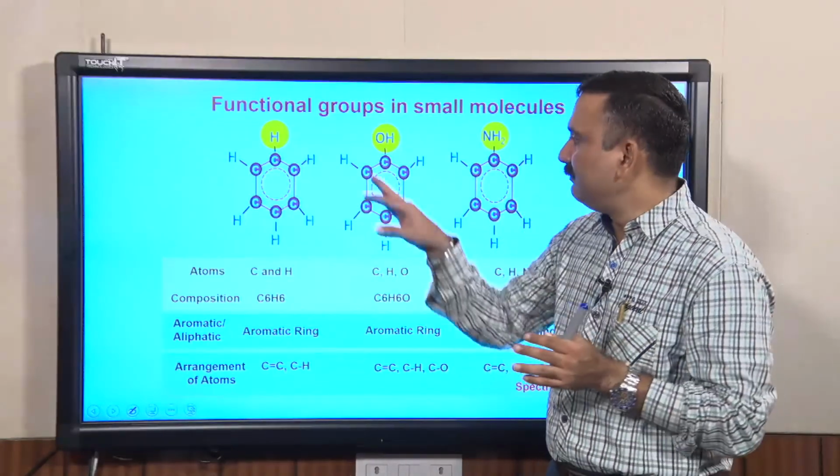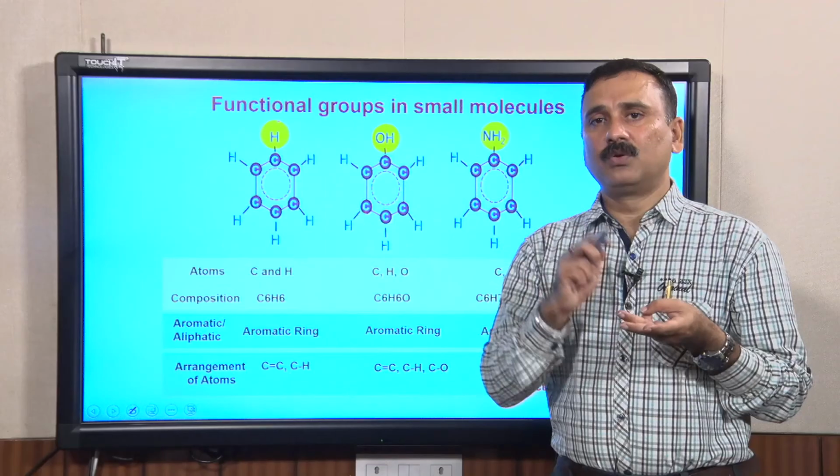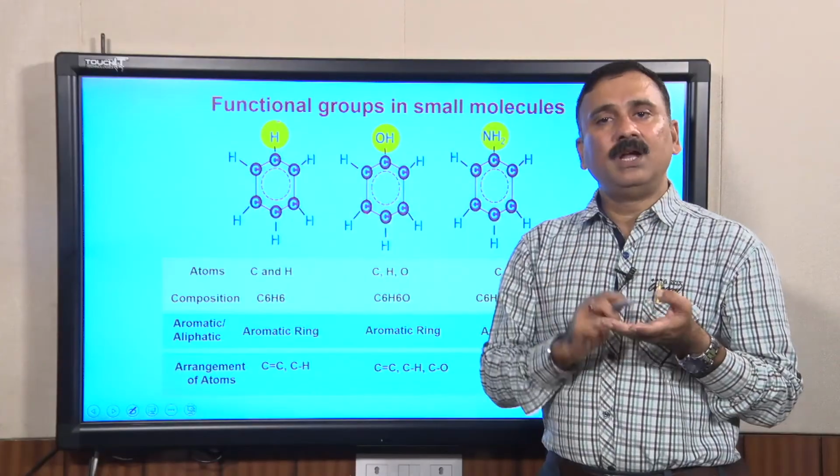For example, if I know the structure of my final compound like benzene, then I know all the information associated with this particular compound, which means I am going to have the standard IR spectra, the standard absorption spectra, the CHN analysis, the NMR spectra and so on.